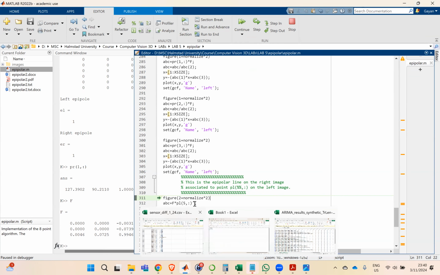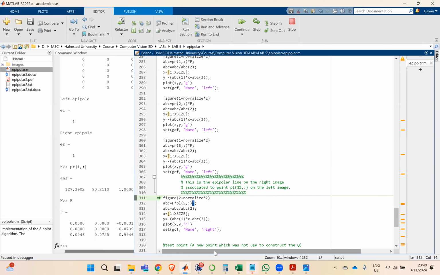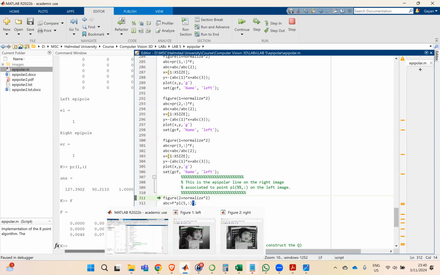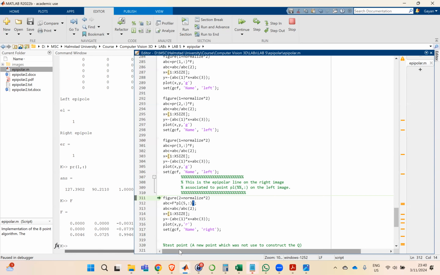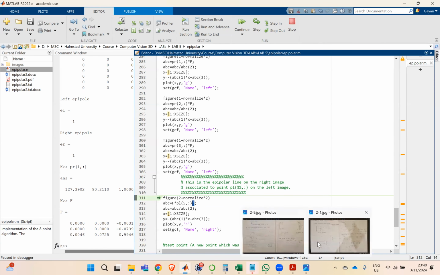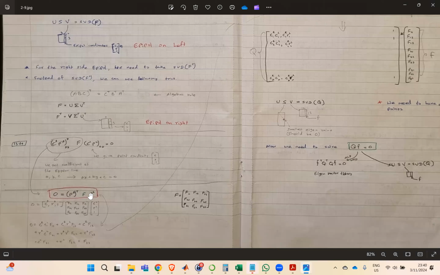And we take the transpose also. Because when you multiply, the answer should be transpose. You give a point on the left side. That's not transpose.